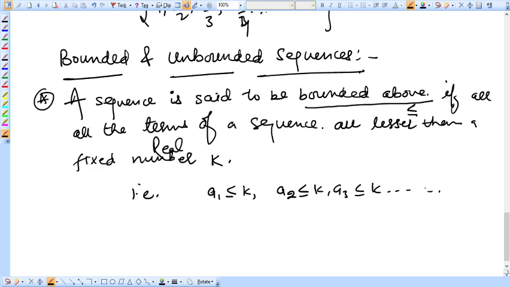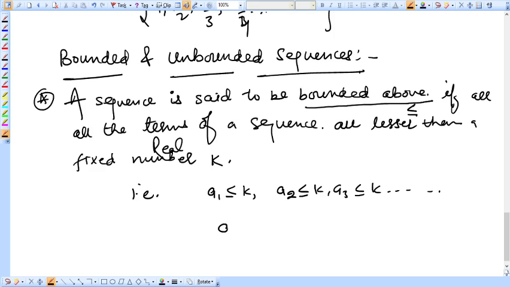All the terms must be smaller than or equal to k, right? So then we call this sequence bounded above, क्योंकि ऊपर वाला एक बाउंड है, k से ऊपर सीक्वेंस जा नहीं सकती है, because all the terms of the sequence are lesser than this k. So that's why we call this sequence bounded above.